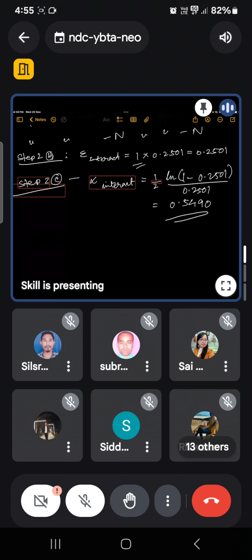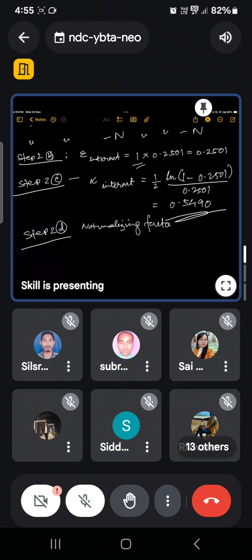Then similarly, we will calculate the normalizing factor. Using that same formula, we will calculate it here only.